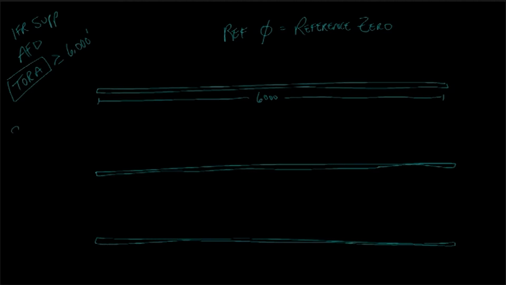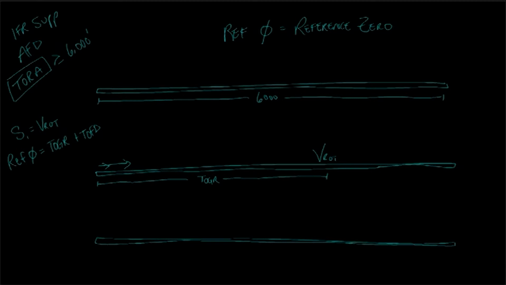So when S1 equals rotation speed, reference zero is equal to our takeoff ground run plus takeoff flare distance. And what that looks like here is there's our rotation speed and there's our T1. The amount of distance it takes for us to accelerate on two good engines normally and reach rotation speed is called our takeoff ground run.